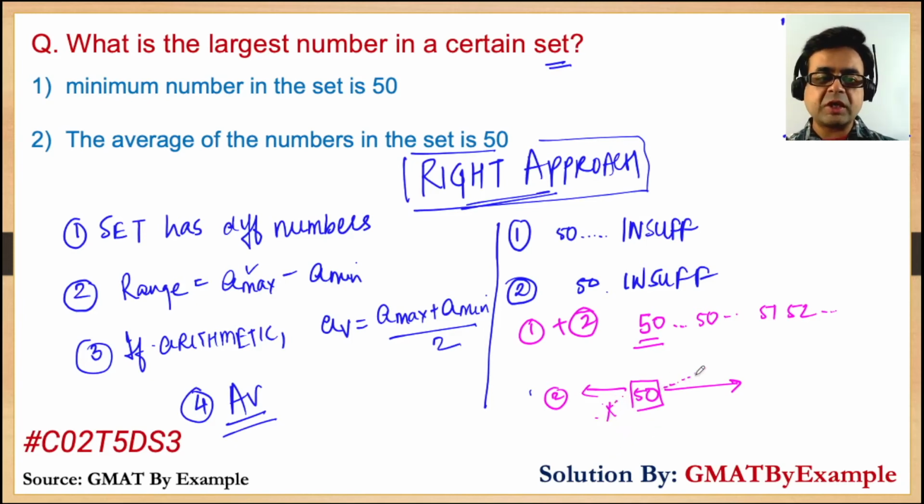So all the values have to be greater than or equal to 50. If they were greater than 50, there is no way their average would be 50. So this pathway is completely impossible. The only possible pathway is that all the values are 50, which means the minimum is equal to the largest value, and that gives you the answer, but that is still not the 100% right answer.